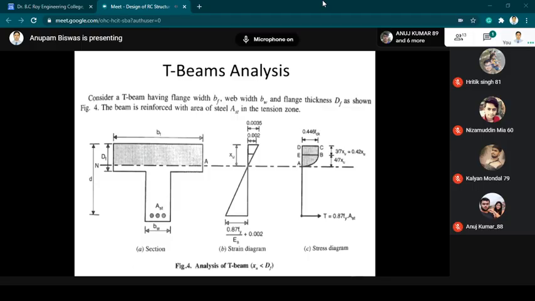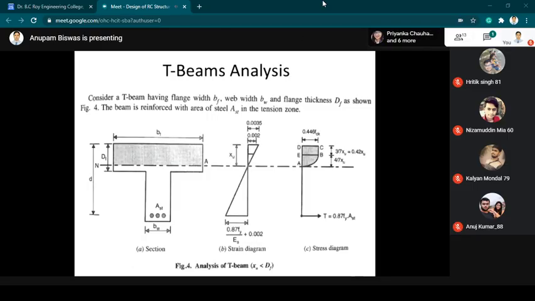So as we can see, the neutral axis is passing within your flange portion. Okay, the depth of neutral axis is less than your depth of flange.